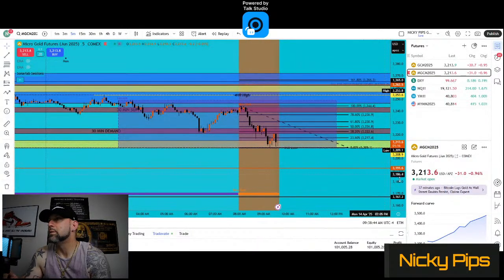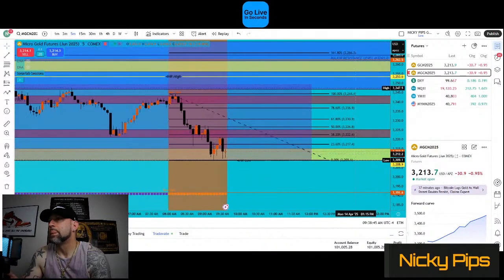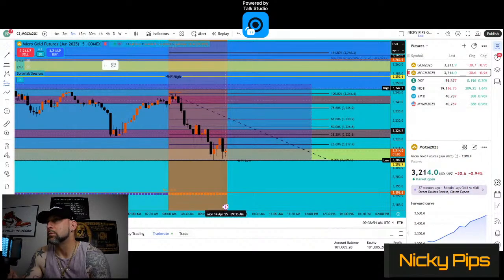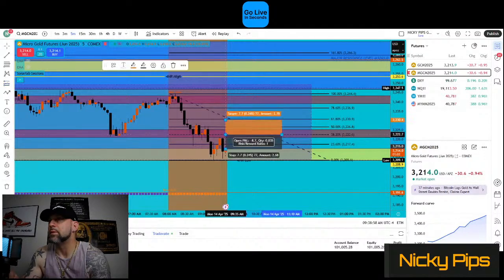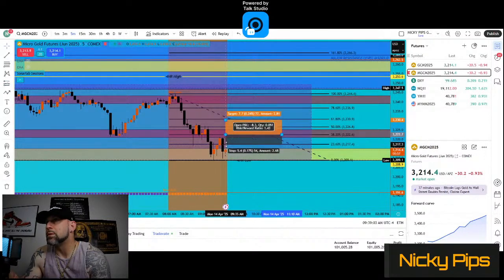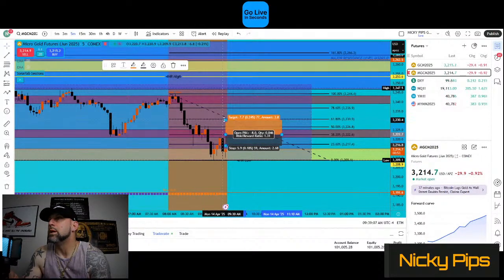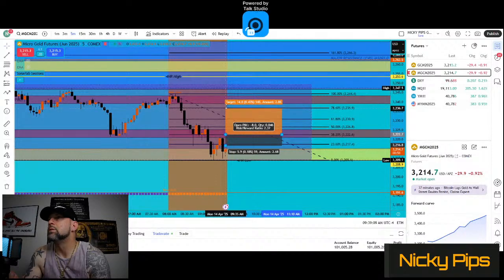So we see here, we're getting a doji right here. What we could do is look for a buy, take a long position, and wait for it to break this high. First we would set it up right here, have our stops below 23.6, and then target that 1 to 2.